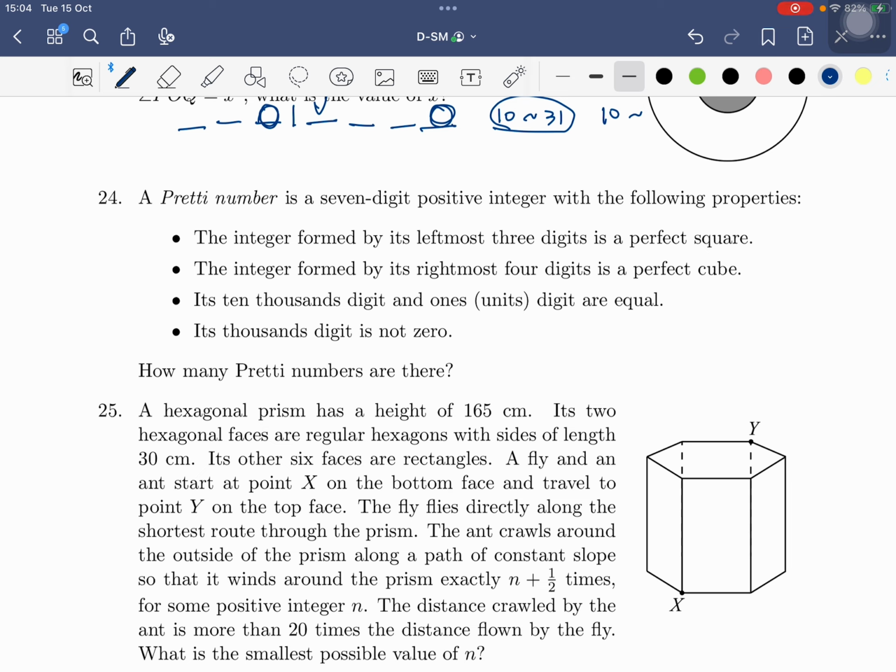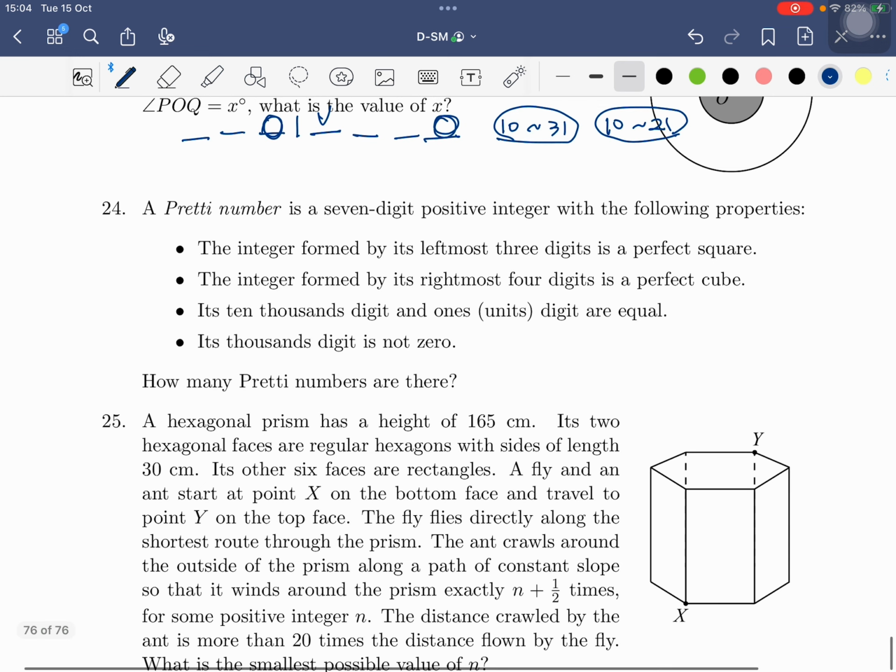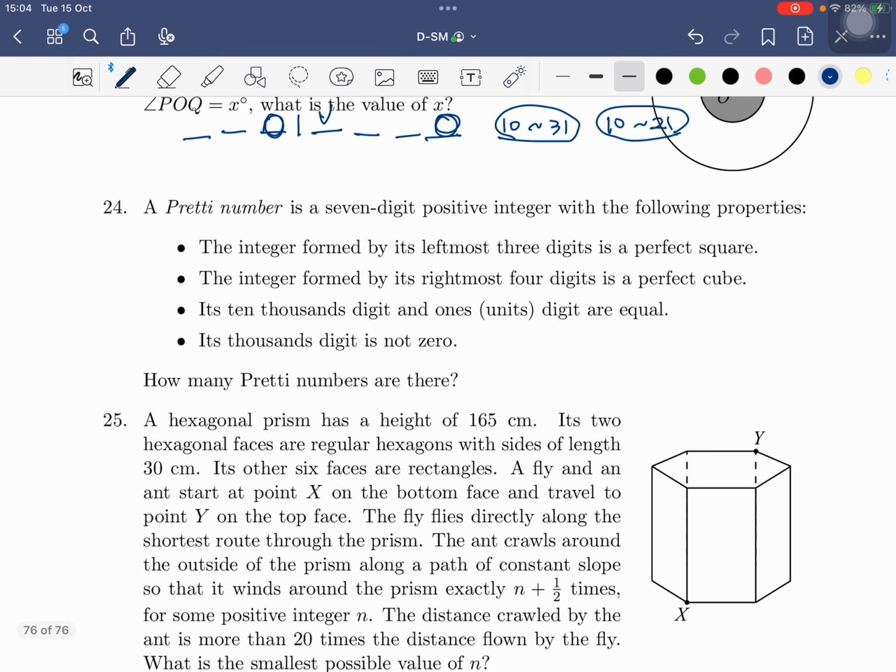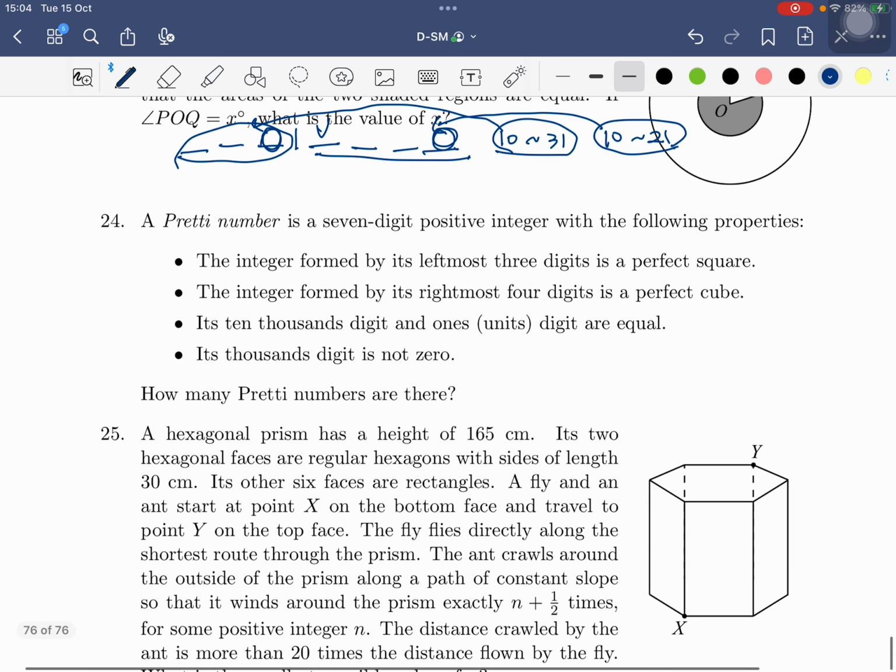Let's say 22 times 22 times 22, oh, this is already too big. 21 cubed is 9,261. So 21. This is just for me to understand. So I will make the perfect squares for here with these numbers, and perfect cubes for here with these numbers. But anyway, we need to find the numbers that match the last digit.